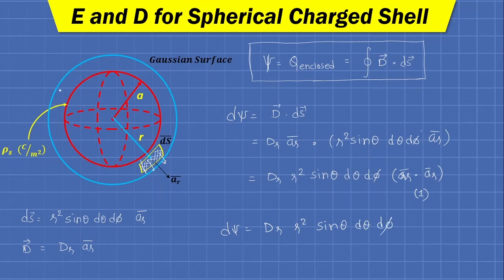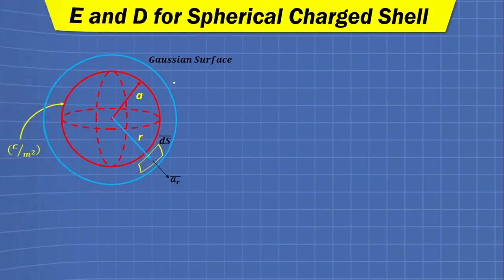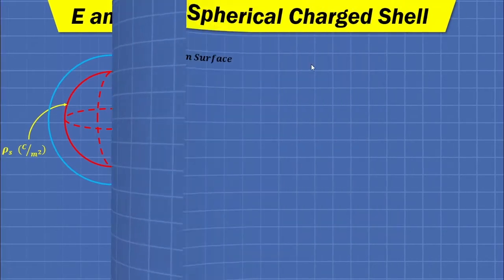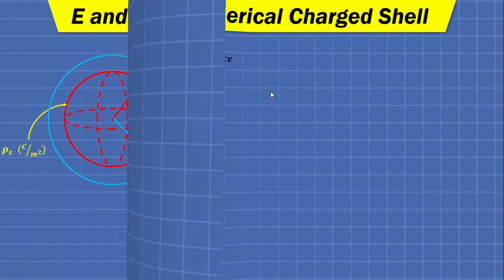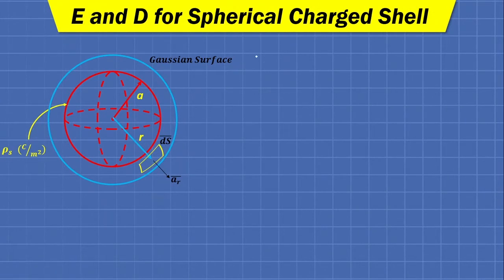Now if we want to find the total flux passing through the whole Gaussian surface, psi total will be equal to the closed surface integration of D bar dot ds bar, or the closed surface integration of d psi that we obtained previously.